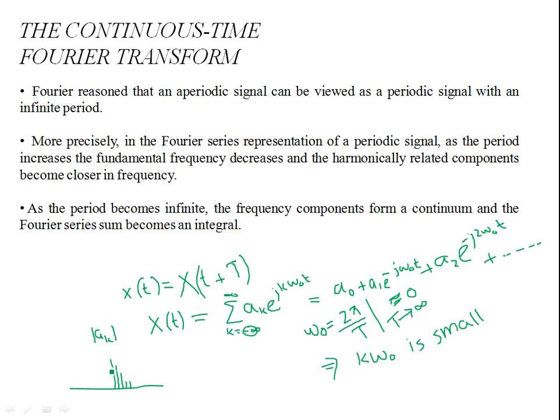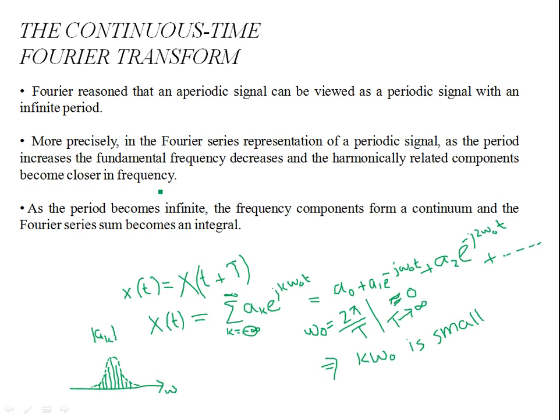They come closer together, the number of Fourier coefficients is large, and they represent themselves as an envelope of a function which is a continuum, a continuous function of frequency. That's the concept of the Fourier transform.